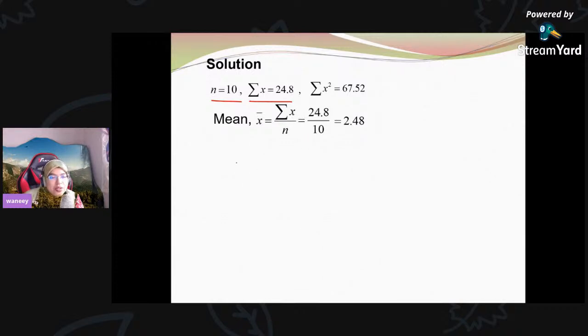And then another one, you have to calculate the median. The class will finish in 12 minutes.